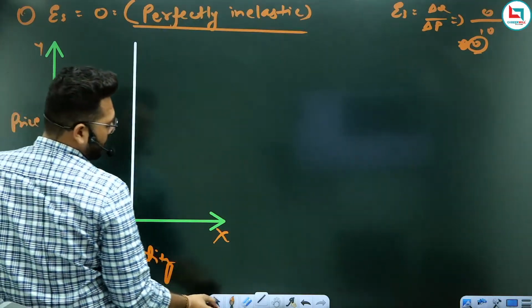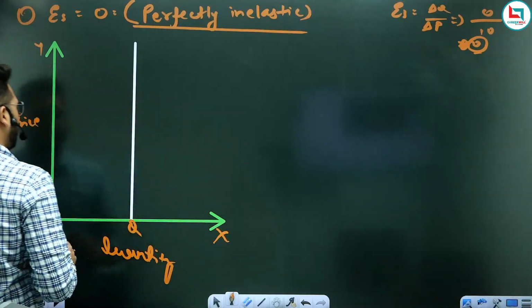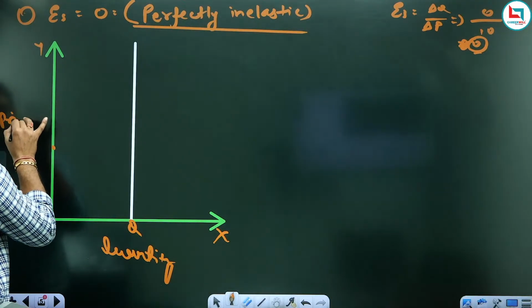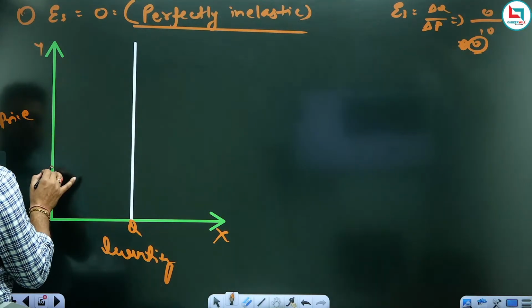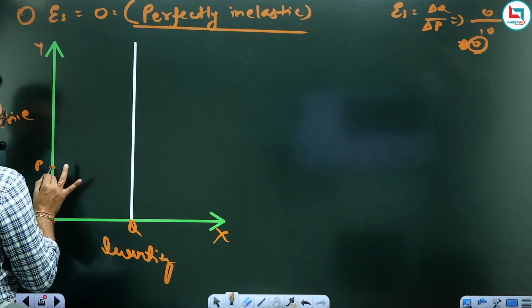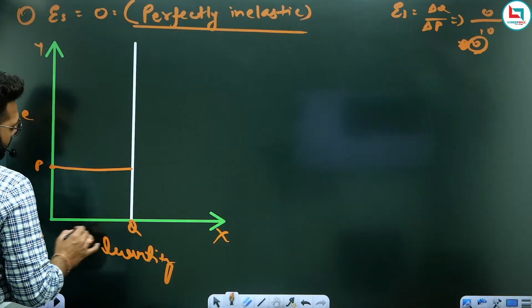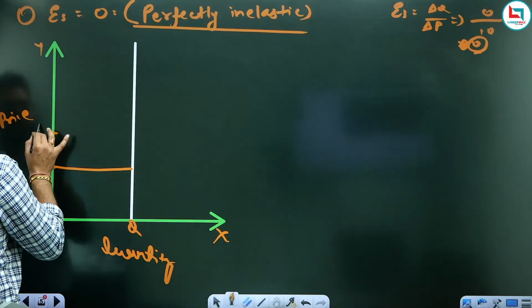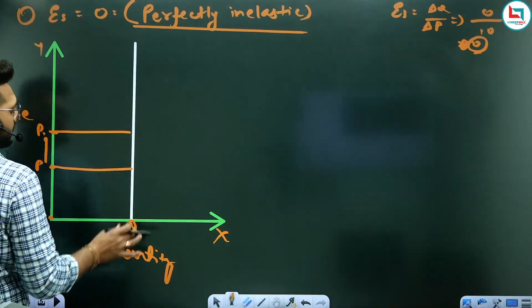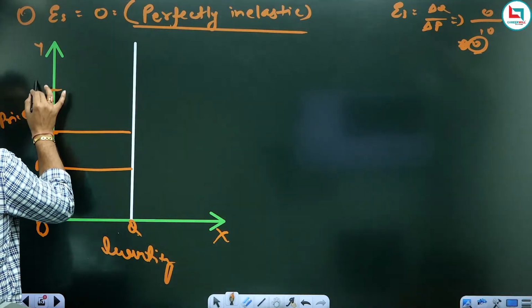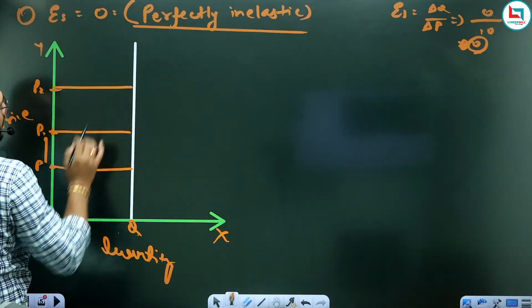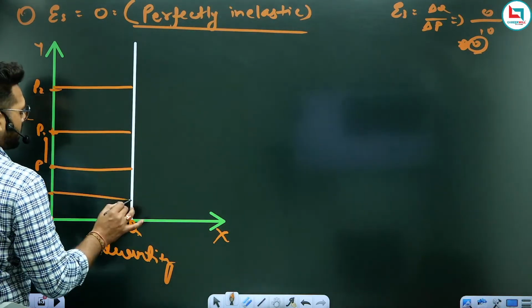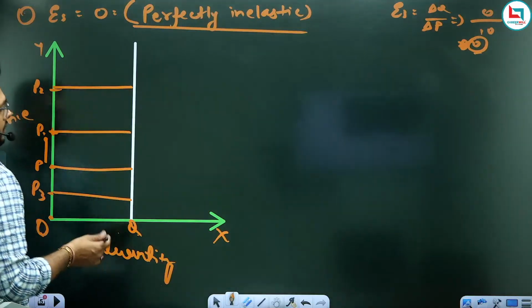At price P you are supplying this much quantity. Price changes to P1, again you supply the same quantity. Price changes to P2, P3, again the same quantity.